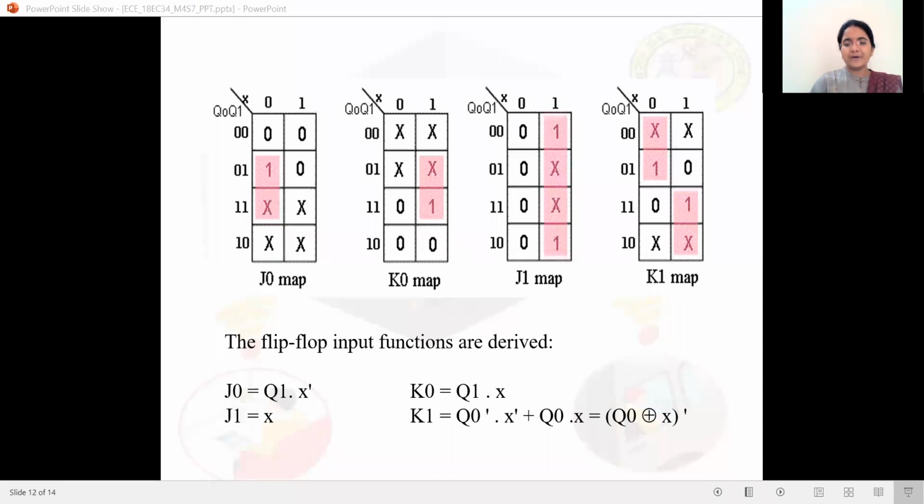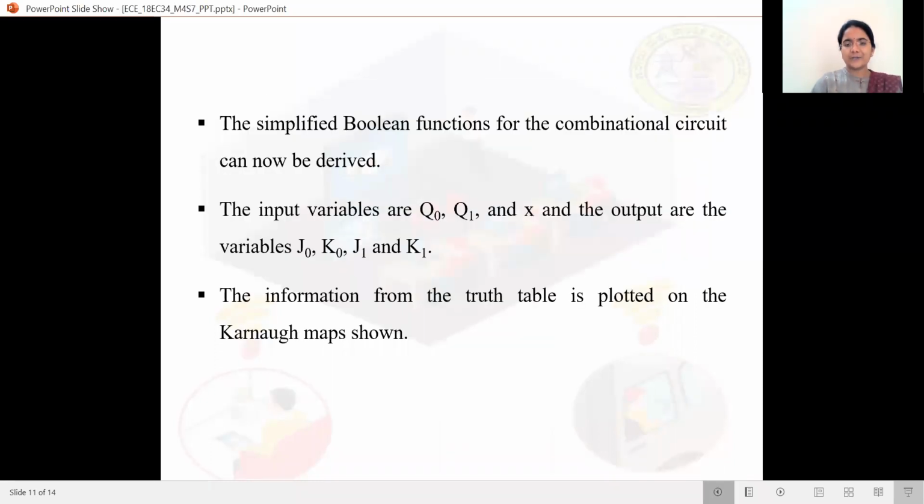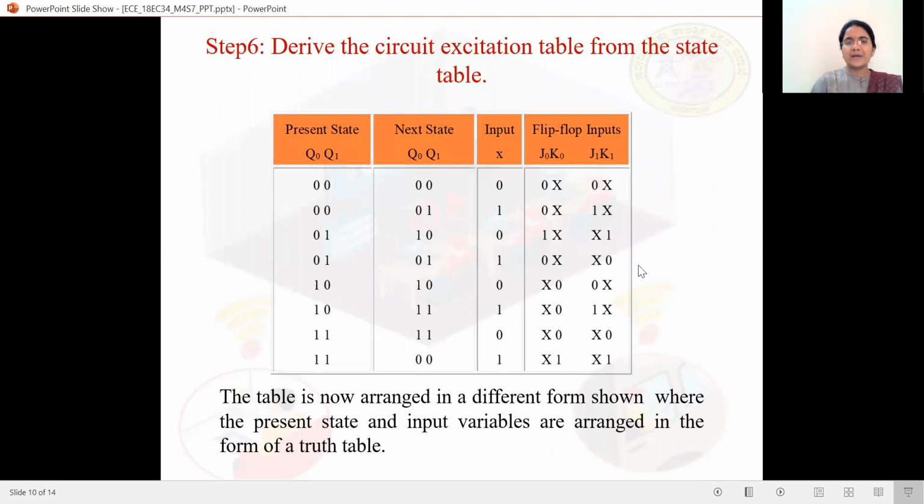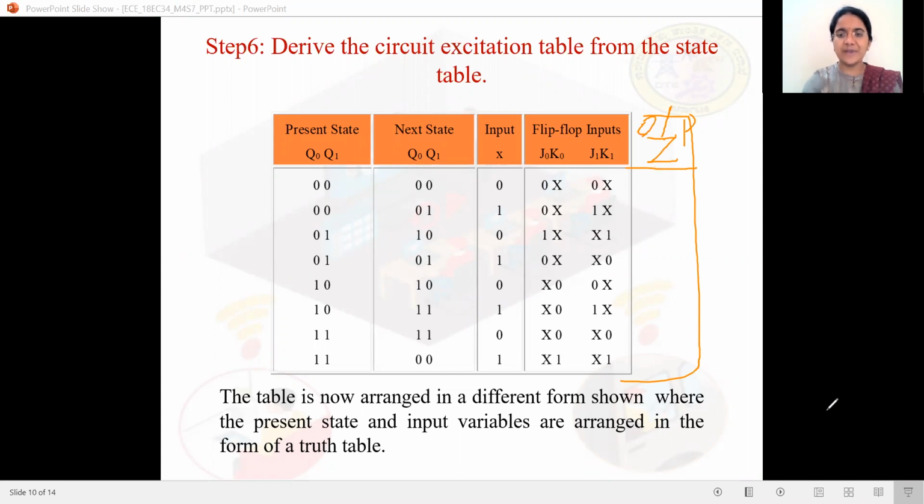For any flip-flop, we have to follow the same procedure. If you are having an output variable, you will be having one extra column here, that's all. Let us consider the output is Z, and here for the respective next state or transitions, we will be having the output Z value.